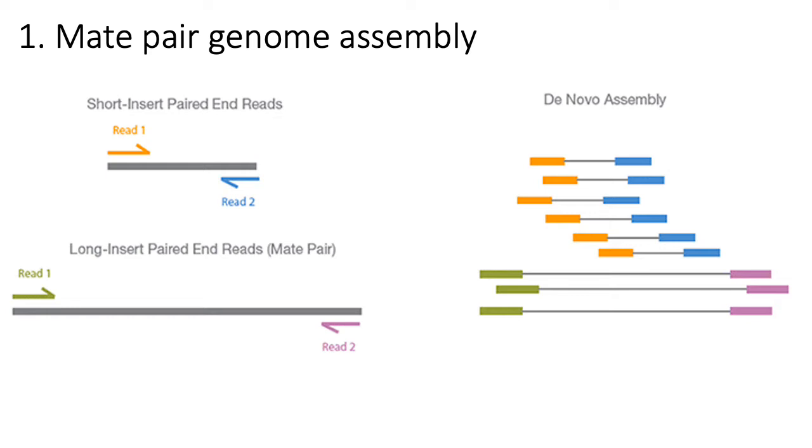The point of mate pair genome assembly is that it takes advantage of the fact that, even if you're only sequencing the ends of a given fragment, you often know how big the original DNA fragment was, either because you did some size selection during your library prep or whatnot. That's powerful because through mate pair sequencing, you get pairs of reads and you know approximately what the distance between them is on the original genome, even if you don't know what the sequence between them looks like.